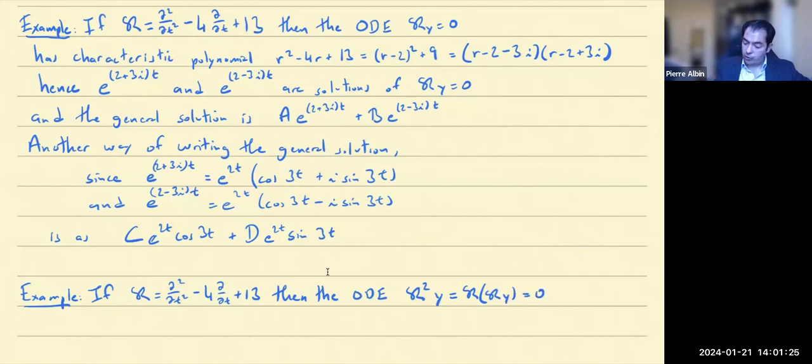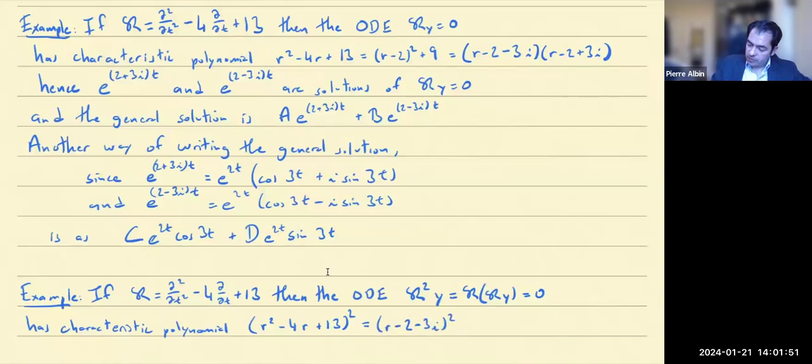Okay, so that ODE has characteristic polynomial the same one as we had in the previous example, only squared. So it's going to have the same factorization as in the previous example, but with each factor squared.